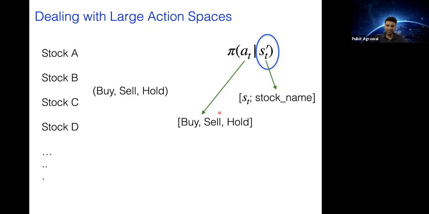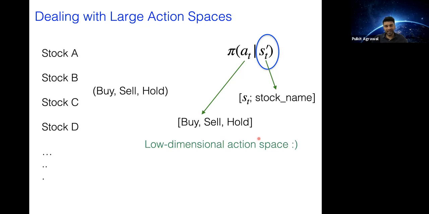So this is reminiscent of what we were discussing in contextual bandits, where we were including part of the state as the context. So it's the same idea over here. I could take something which has a very high dimensional discrete action space, and by redefining the state, I can make my action space much smaller.